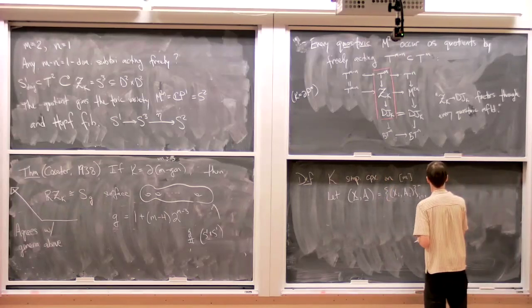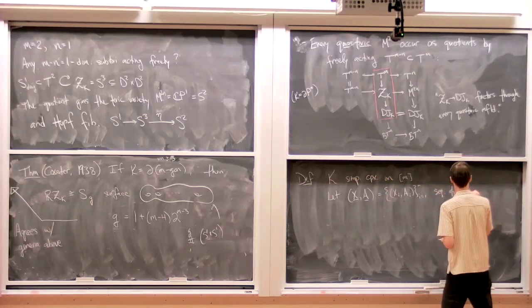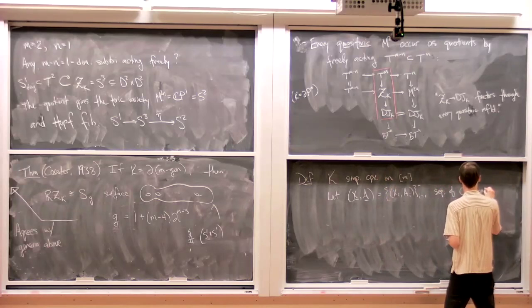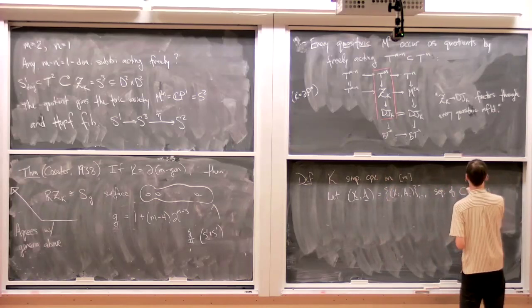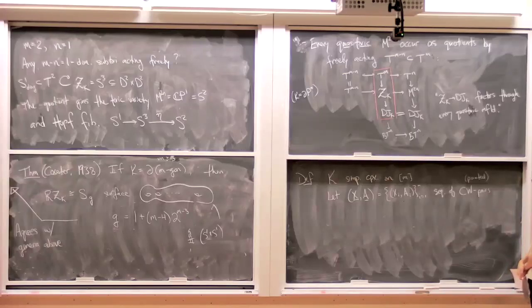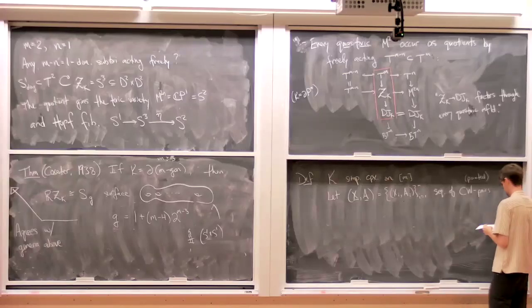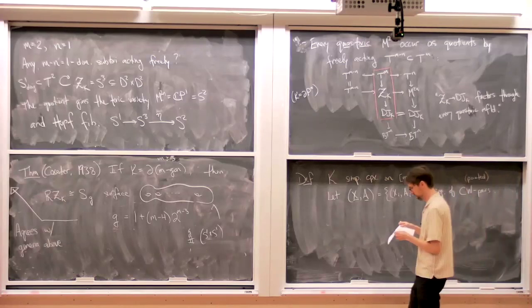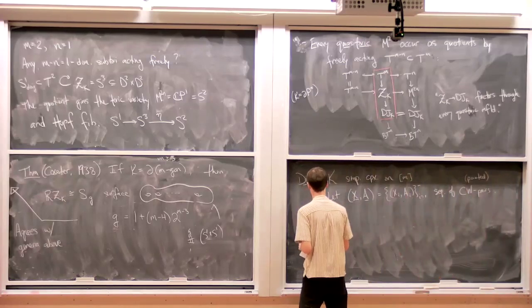A sequence of CW pairs. I'd like them to be pointed. And with these ingredients, we can define a polyhedral product.